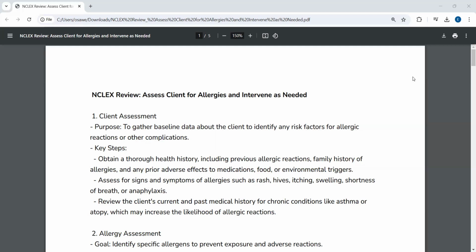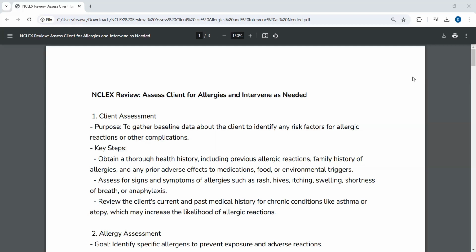Allergy reaction can kill, so it's important for you to be able to assess your clients. Get a good history. Most of the time, the NCLEX might not require you to find out the health history, but they are going to make the health history available for you so that you can use that to create your judgment, right?